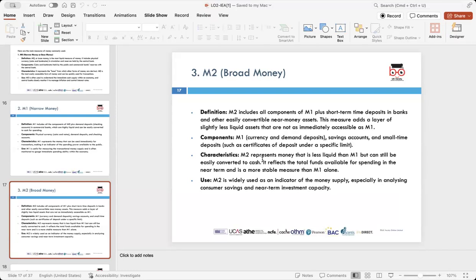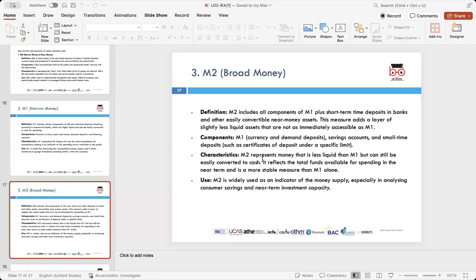M2 is often used as an economic indicator because it reflects both spending money and savings that could be used in the near future. A rising M2 suggests that consumers and businesses have more funds available for purchases and investments, potentially fueling economic growth.